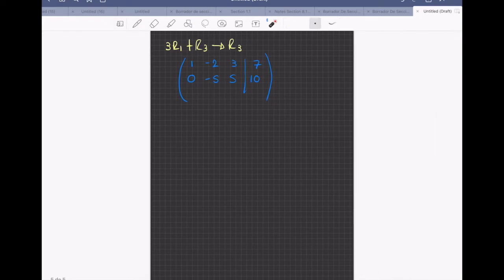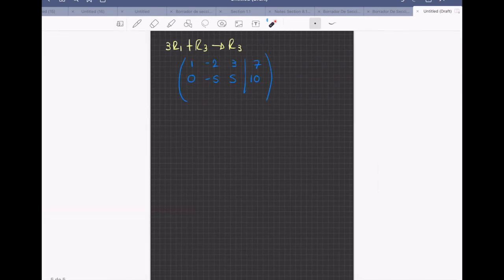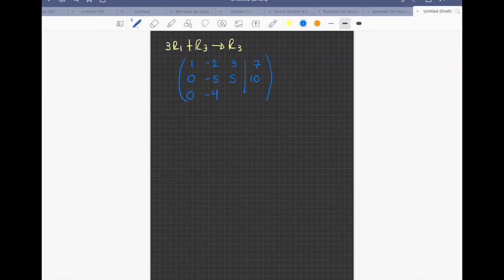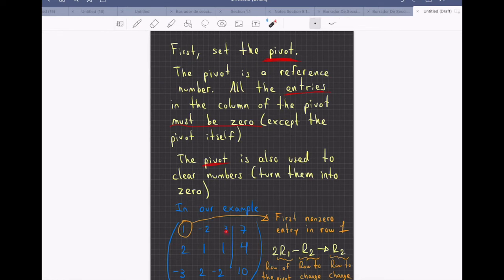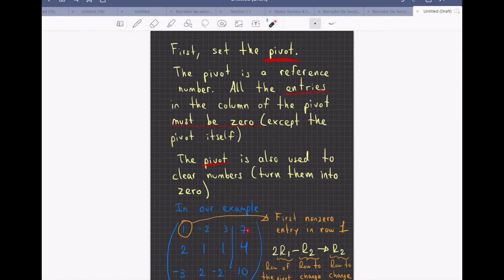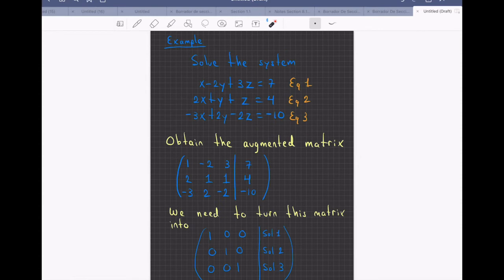Now this operation: 3 row 1 plus row 3 replaces row 3. 3 times 1, 3, plus -3, 0. 3 times -2, -6 plus 2, -4. 3 times 3, 9, plus -2, 7. 3 times 7, 21, plus, I think, oh yeah, this is -10.